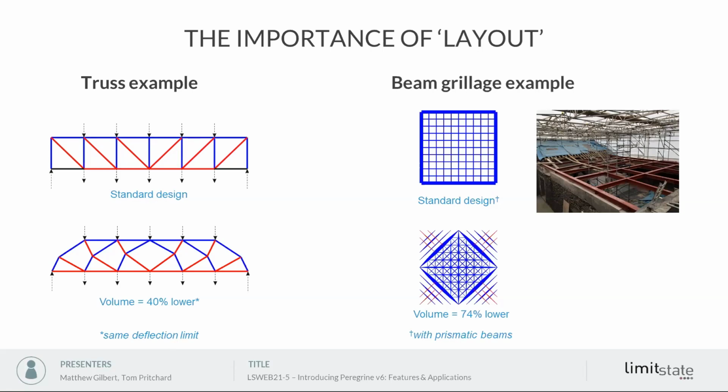So on screen now, we've got a square grillage with orthogonal beams, and we're using prismatic beams in this case. If we move to using a different layout and also tapered beams, then we can have a 74% reduction in the volume of material required to construct that floor plate. So very, very significant reductions are possible.